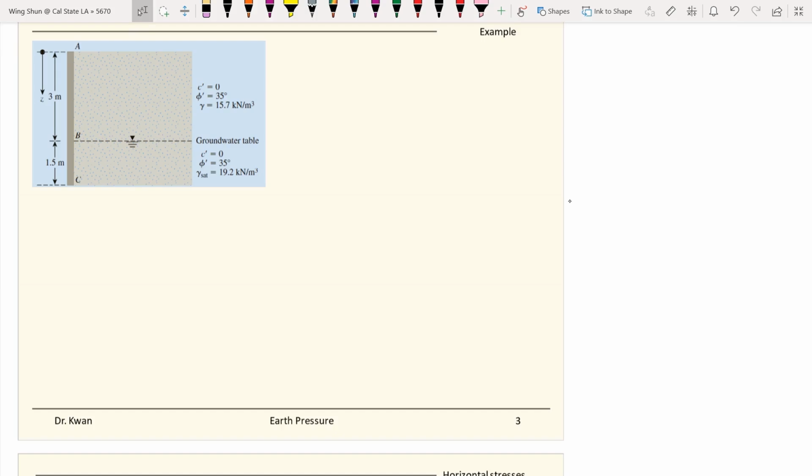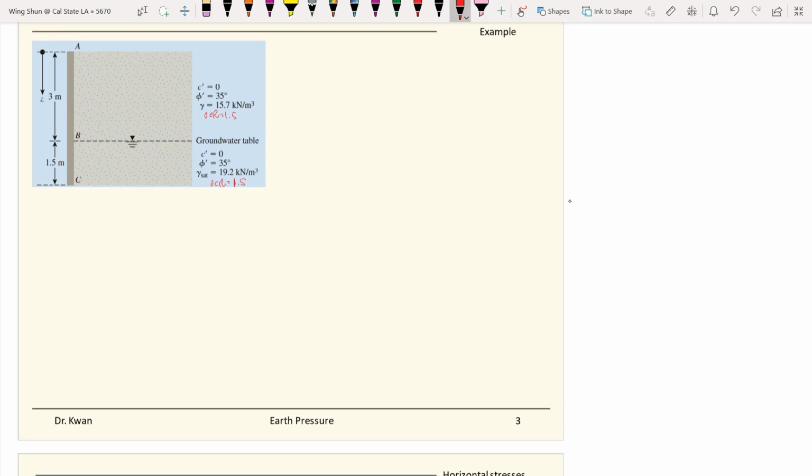This is a sandy material, and the sand has an OCR of 1.5. Since it is sand, you don't have any cohesion, but you have a friction angle of 35 degrees, and the unit weight of the soil above and below the groundwater table is also given.